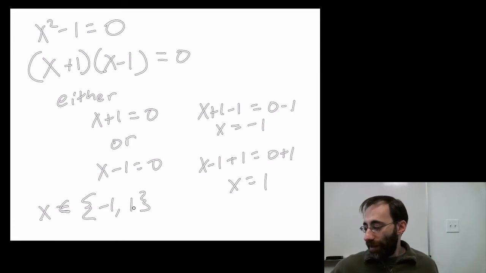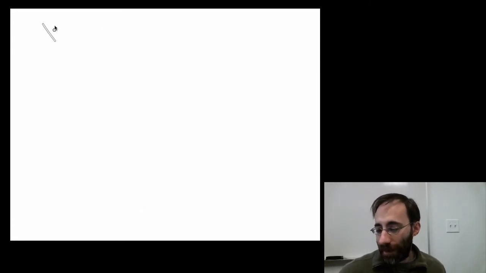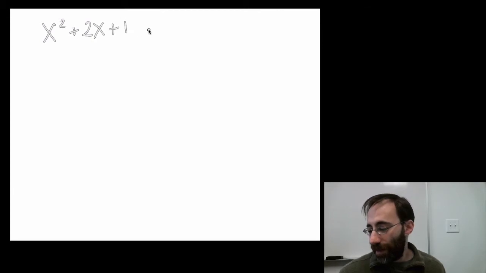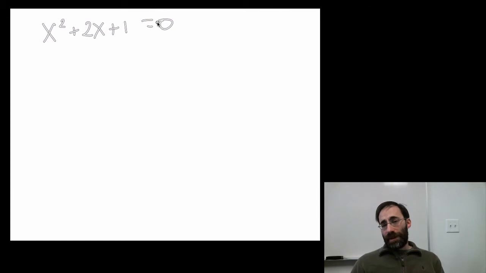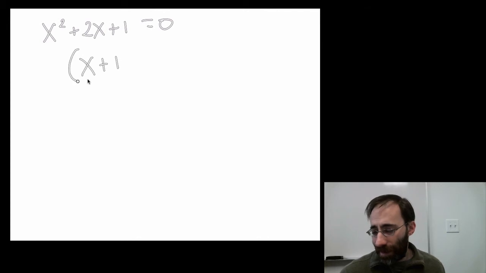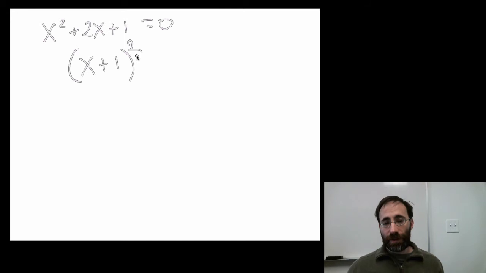So for instance, another quick example, x squared plus 2x plus 1 equals 0. Well, it seems more complicated at first, but we can check something really fast. You can do the previous procedure again if you wanted to, but let's just square this real fast.